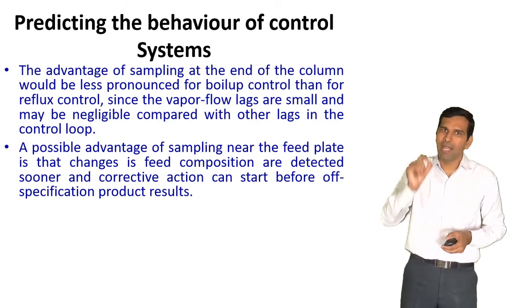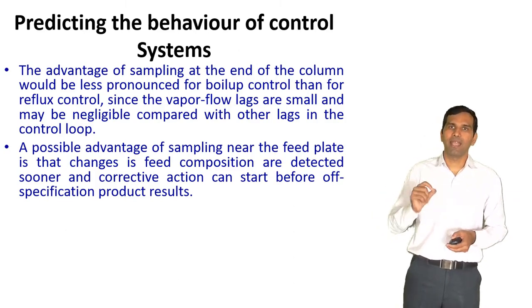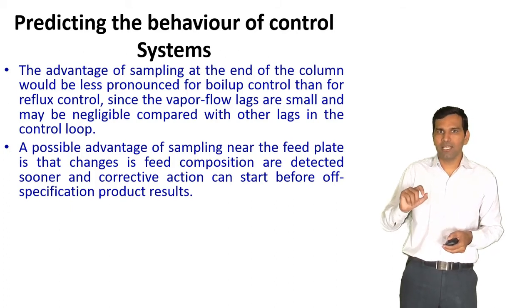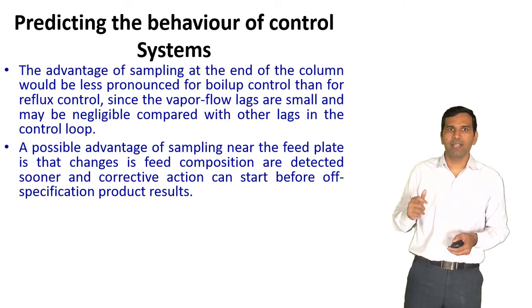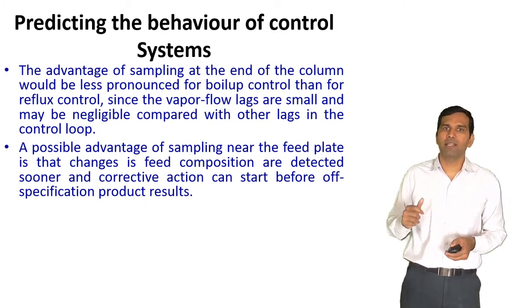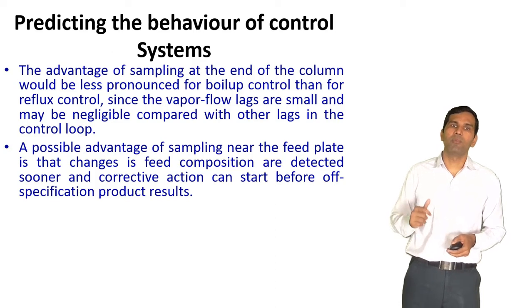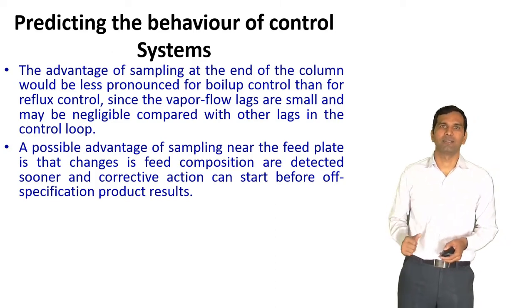The possible advantage of sampling near the feed plate is that the changes in feed composition are detected sooner and corrective action can start before the specification product results.